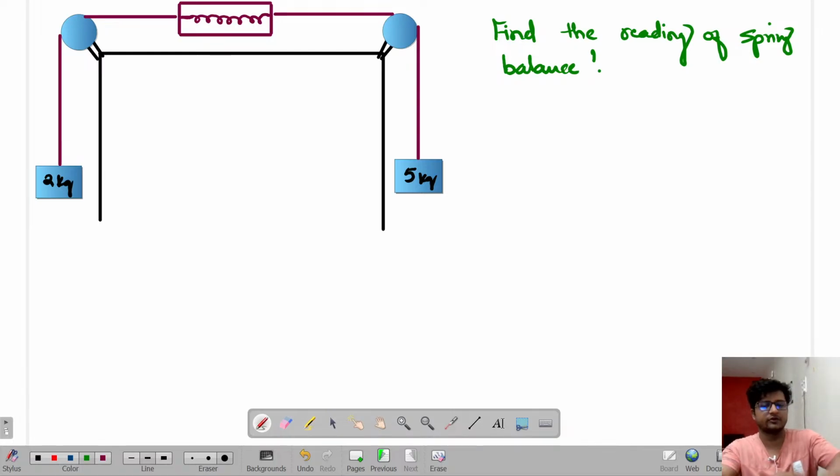Imagine where the body will accelerate. Hmm. 30 Newton.